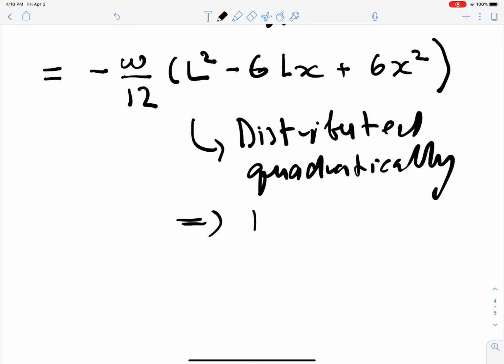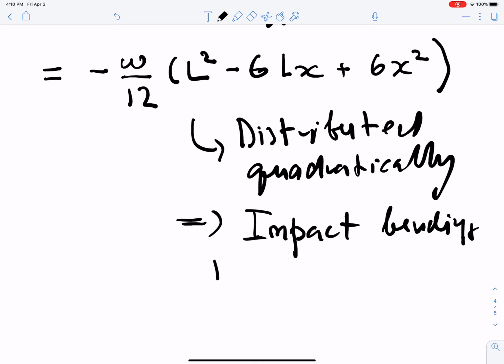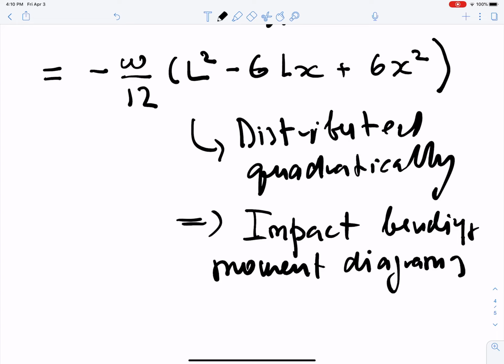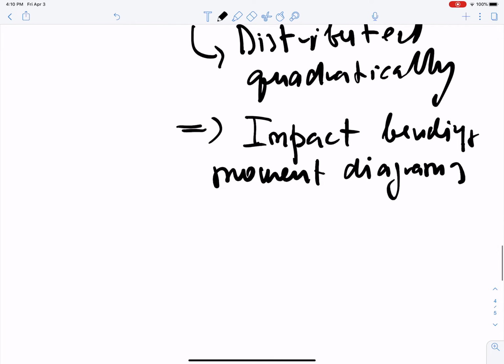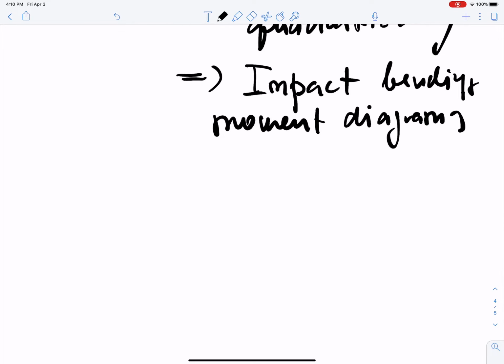It impacts the bending moment diagrams, as you will see when we go through a comprehensive example.